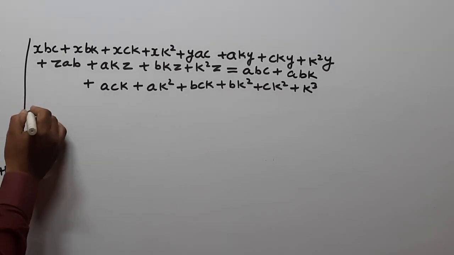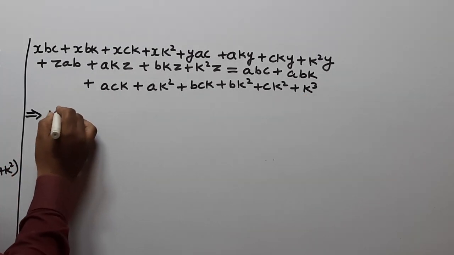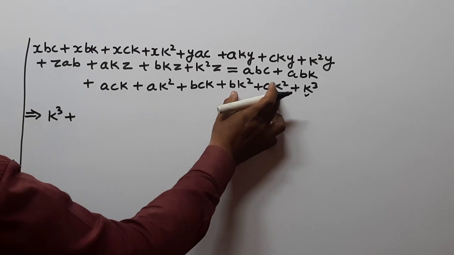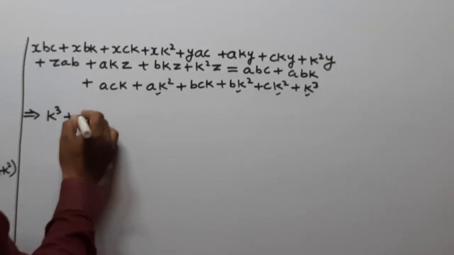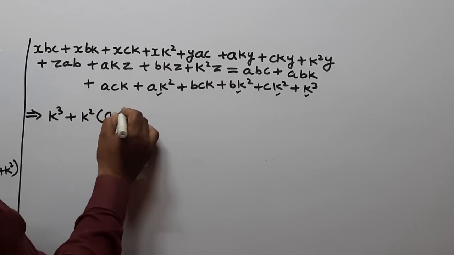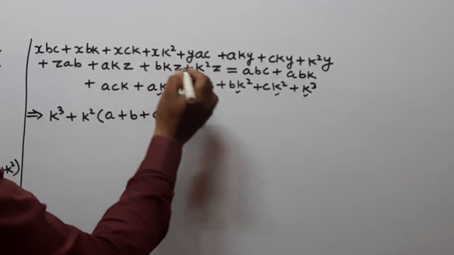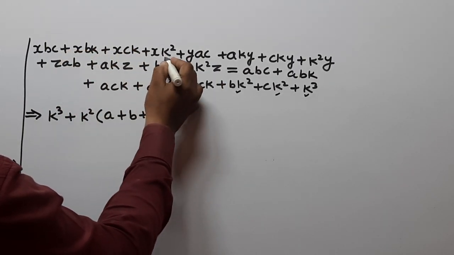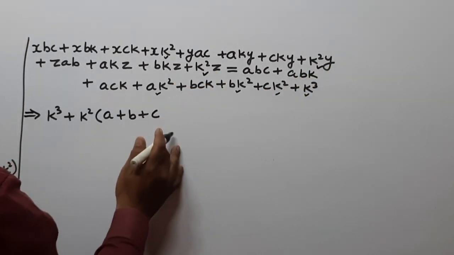Now this equation can be written with k cube first. You can see this is k cube. Now taking the k square term, this is b k square, a k square, so taking common k square, a plus b plus c, and from the left hand side you can see x k square, y k square and z k square.